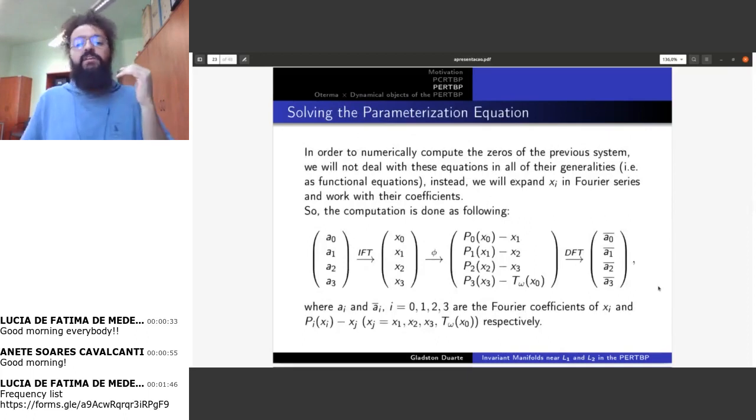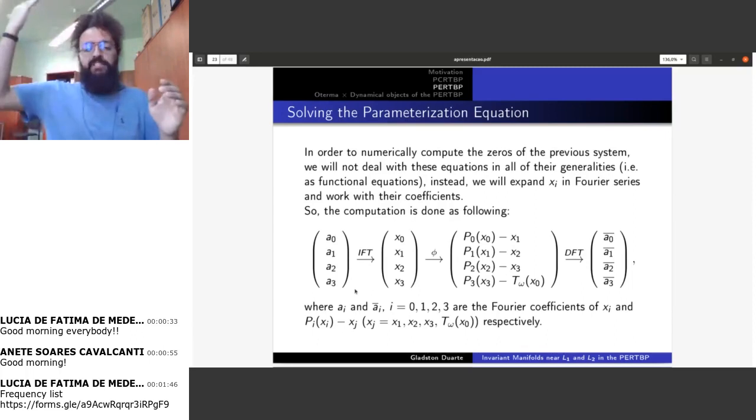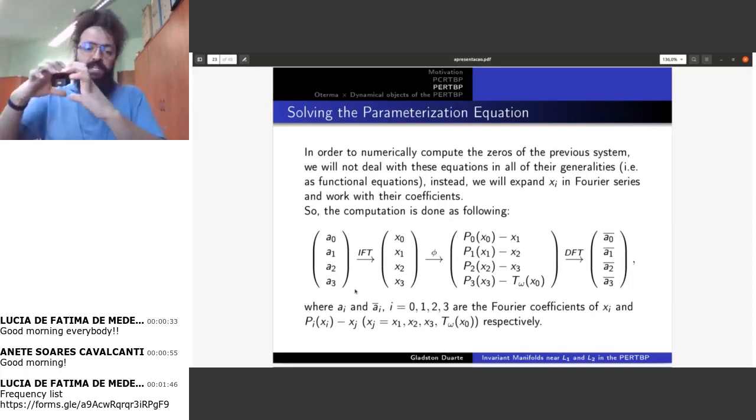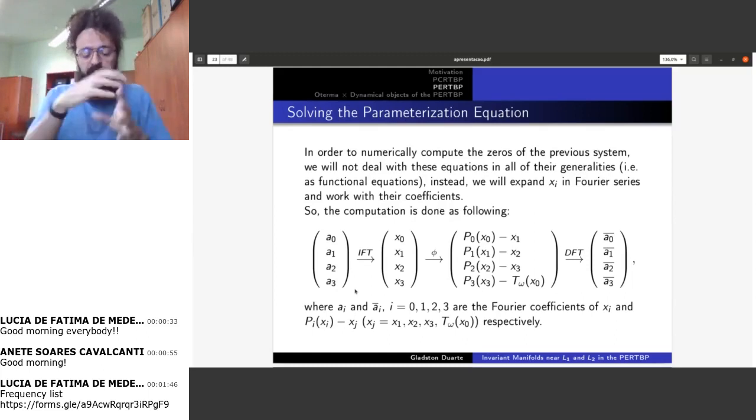So we implement everything. These are standard computations. We have a closed curve, we have a torus, and then we intersect with a time section. What we have is a curve. We compute a parameterization by Fourier coefficients, and then from these Fourier coefficients, we determine points in the phase space, we determine the system, we integrate, and then we solve the system, and then we determine Fourier coefficients of this solution.